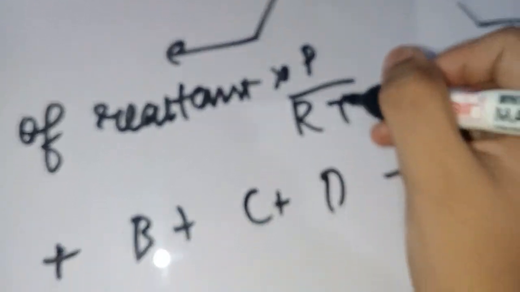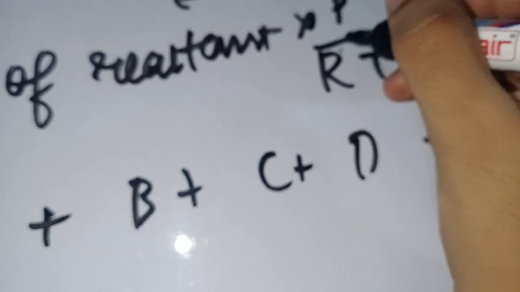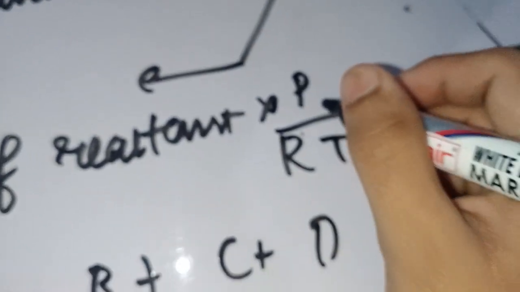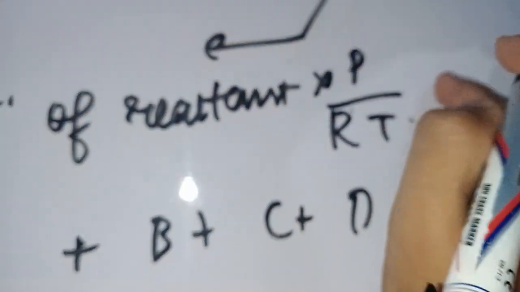So from here, if volume of reactant is given, we'll multiply it by given pressure upon universal gas constant, that is 0.08 something liter atm Kelvin inverse mole inverse, and temperature in the respective units, according to the universal gas constant and the pressure we have taken.